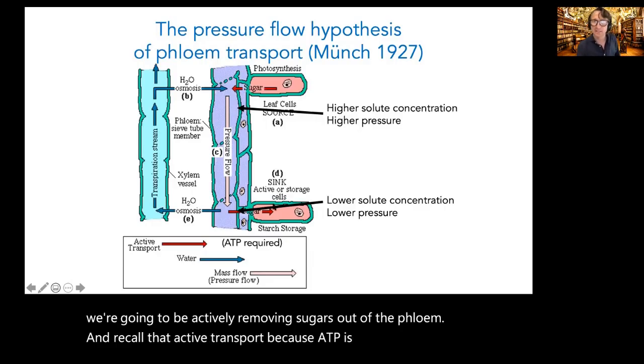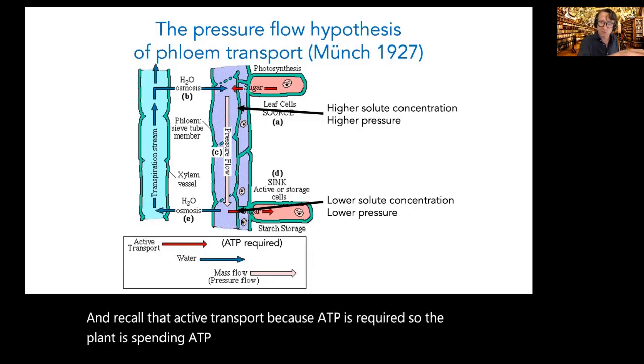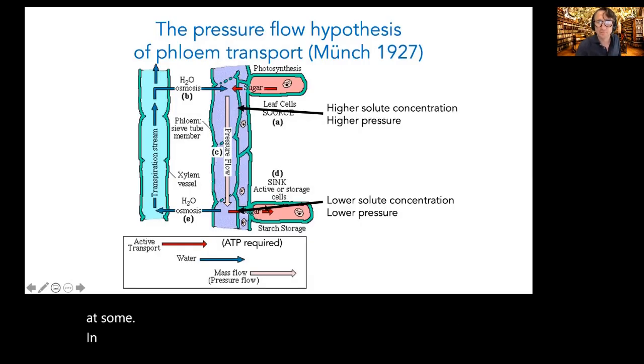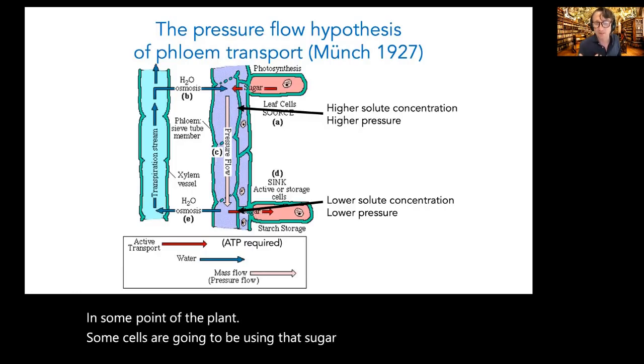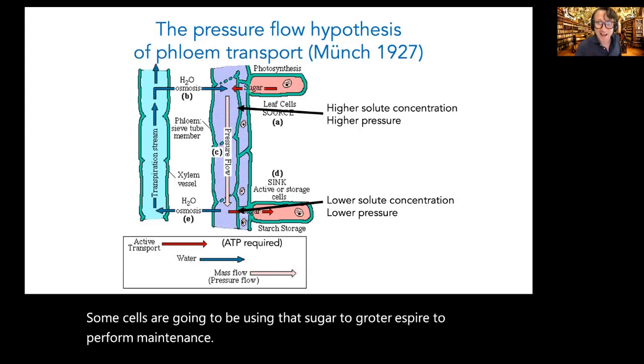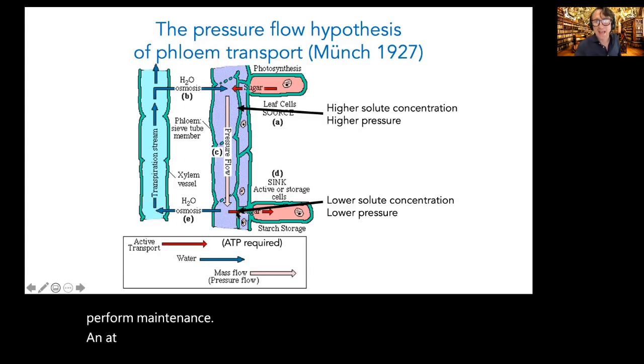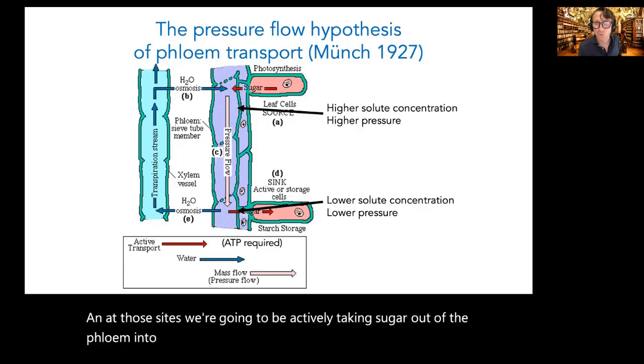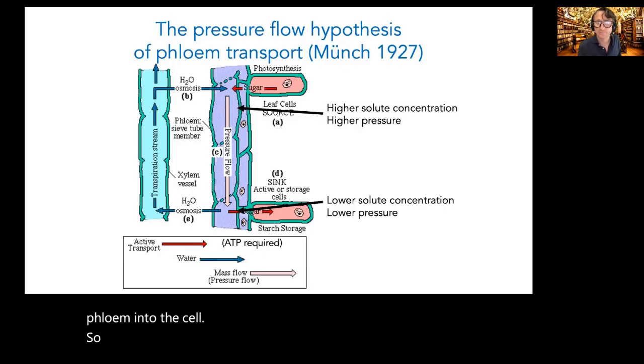So the plant is spending ATP to actively push sugar into the phloem, but in some points of the plant, some cells are going to be using that sugar to grow, to respire, to perform maintenance. And at those sites, we're going to be actively taking sugar out of the phloem into the cell. So ATP is going to be used.